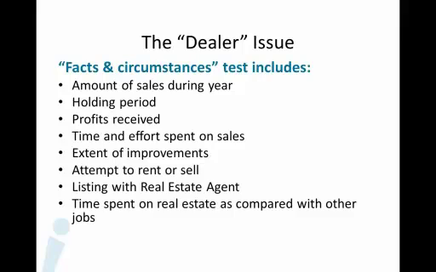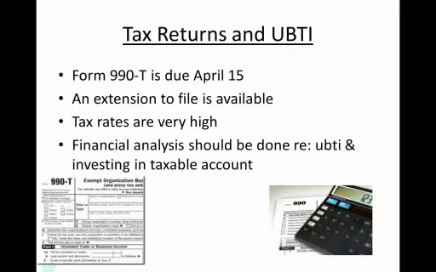So the facts and circumstances test becomes real important for the dealer, and in many situations, many IRAs are going to be in this position where they're going to have UBTI because they are flipping properties, they're a dealer, or because they're using leverage, or maybe both. And so you may be running this business, and we need to be aware of it.